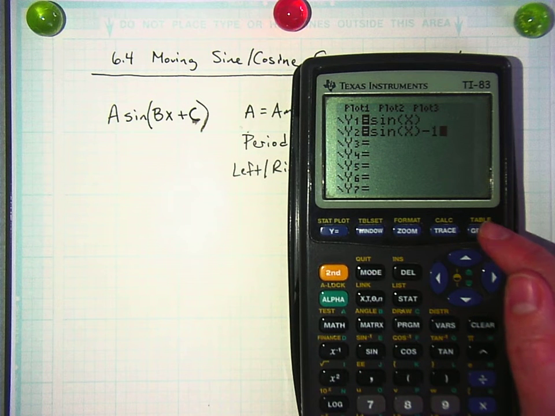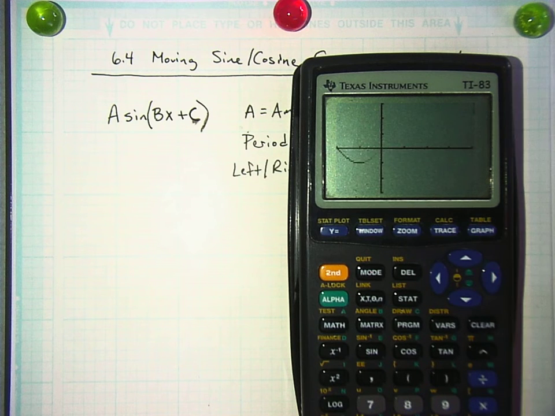Show your partner what you're writing on your screen right now. Hit graph when you're ready. There's our original sine graph. Interesting. This one went where? Down. It went down instead, so it shifted the whole center line down 1.